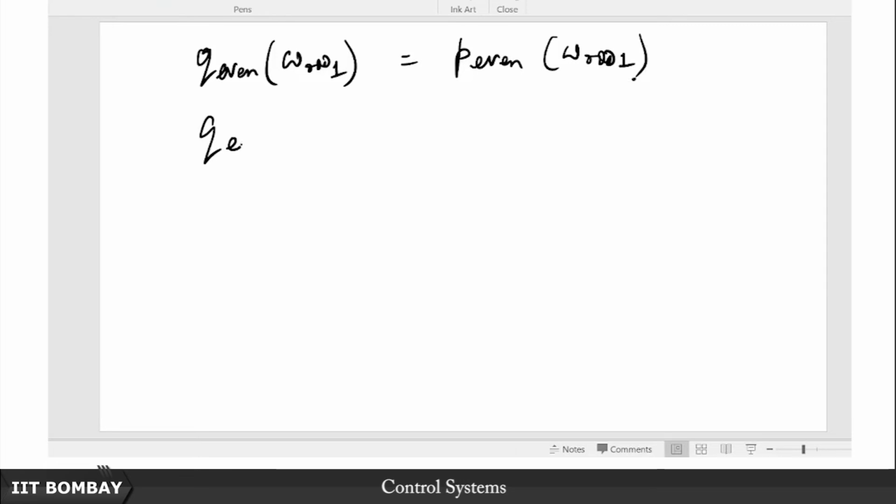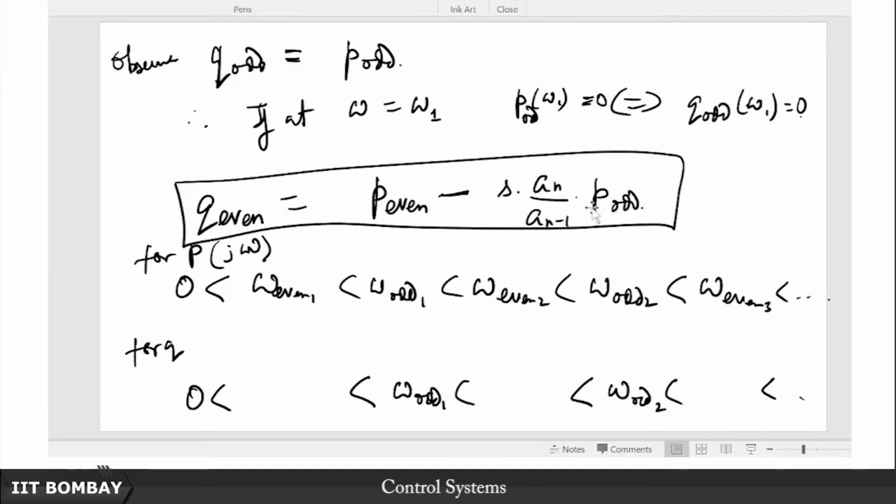And what about Q even at ω odd 2? This is also, by the same argument, P even at ω odd 2. Why? Because at ω odd 1 and ω odd 2, P odd vanishes, that is the way we are defining this.